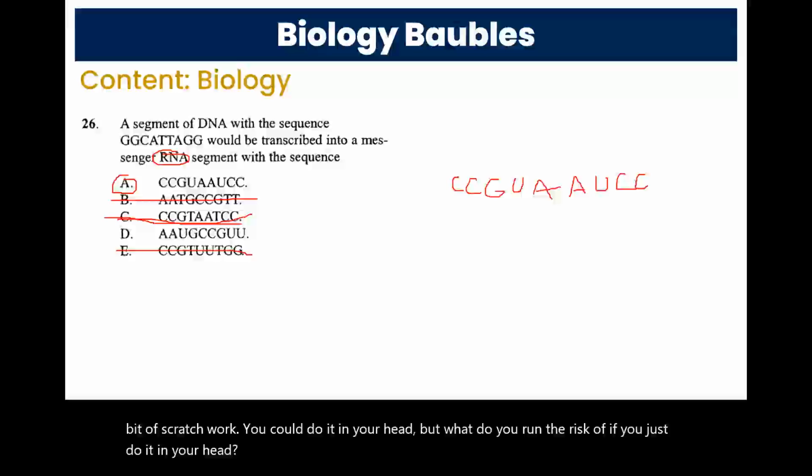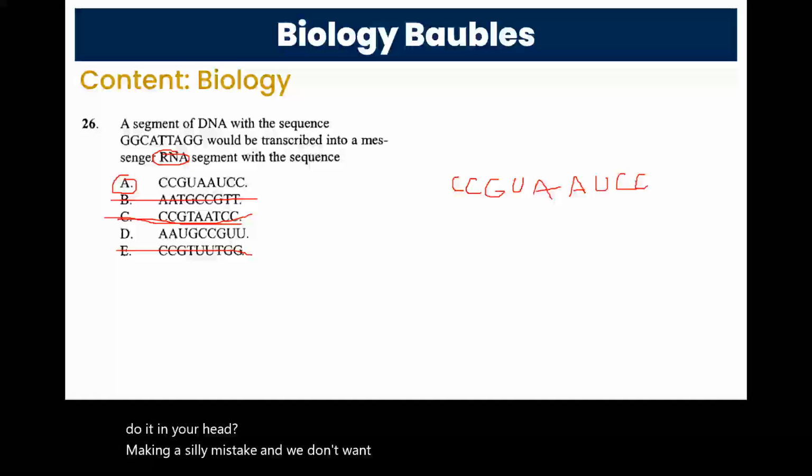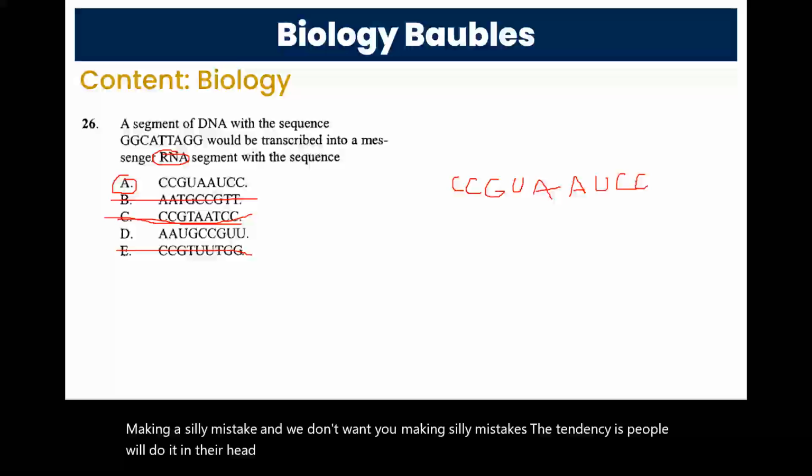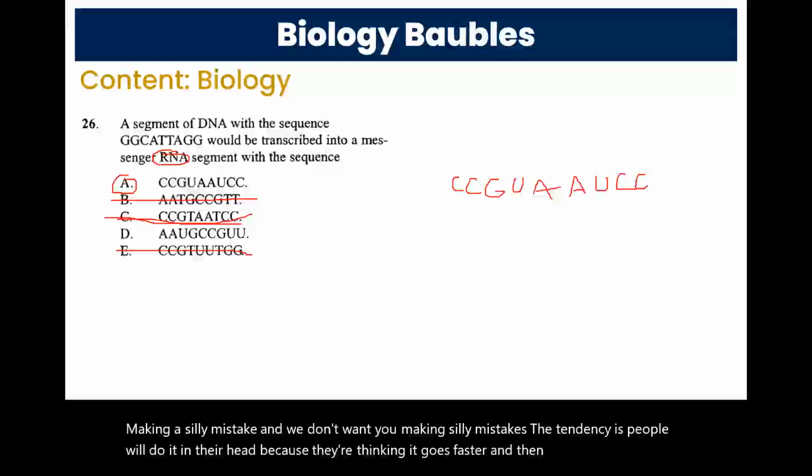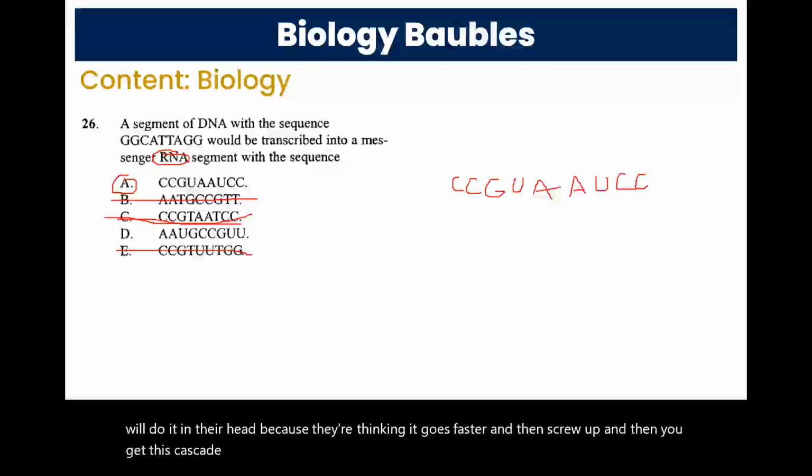Making a silly mistake, and we don't want you making silly mistakes. The tendency is people will do it in their head because they think it goes faster, and then screw up, and then you get this cascade effect because you're like, God, I should have gotten that right, or I knew how to do that, and you don't want to go down that bad road.